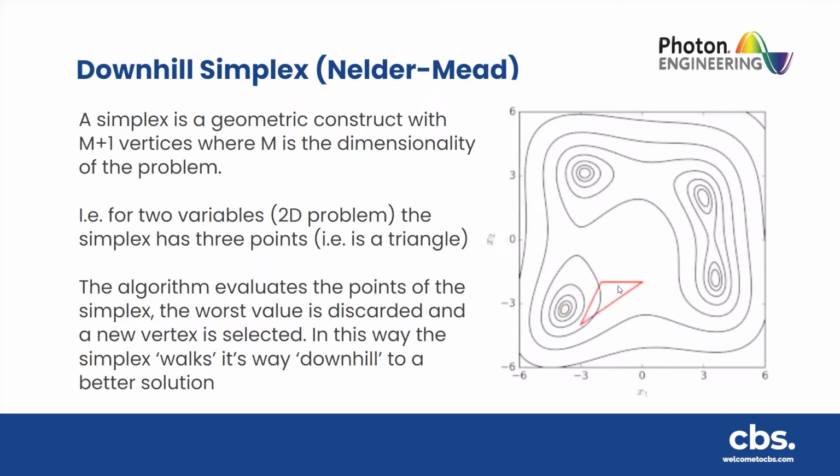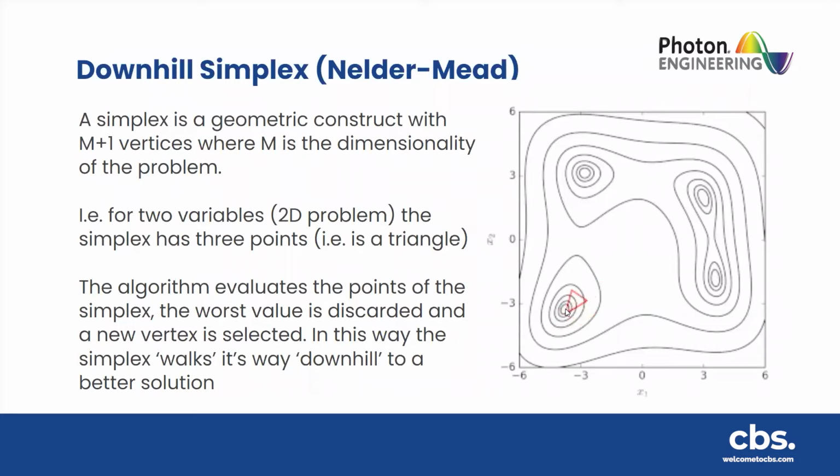This little illustration here shows optimization taking place in a 2D variable space. And we can see how the simplex is a triangle shape. Generally speaking, this triangle walks around and walks downhill to this local minima, which happens to be in the bottom of this valley here.